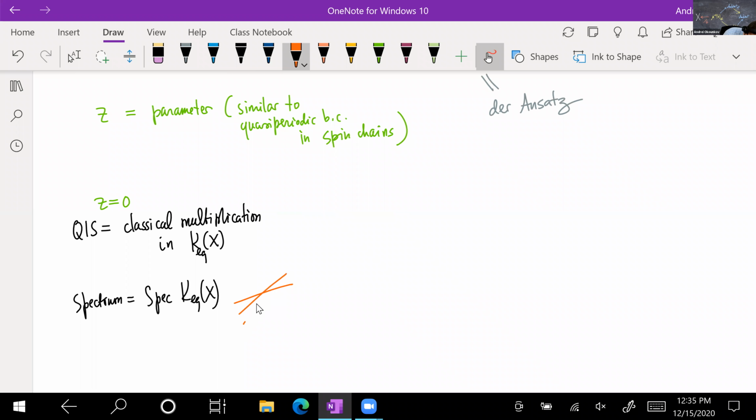For projective space, or for the Hilbert scheme of points, these are components determined by fixed points. And fixed points of the torus action would give you eigenvectors or generalized eigenvectors. If you have isolated fixed points, these are classes.